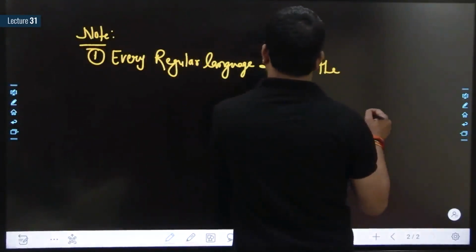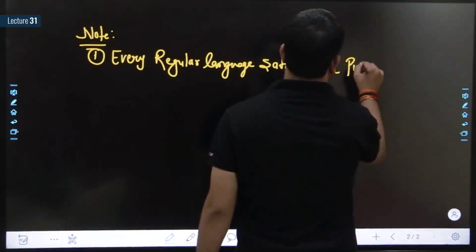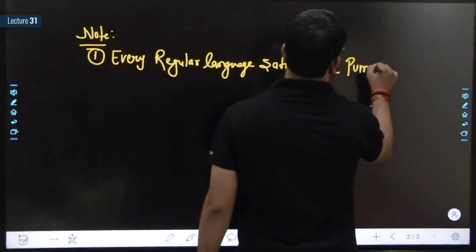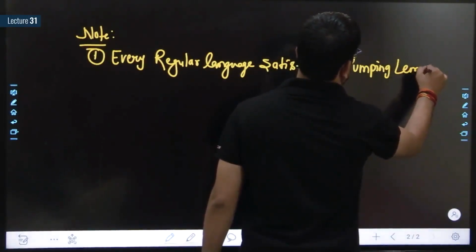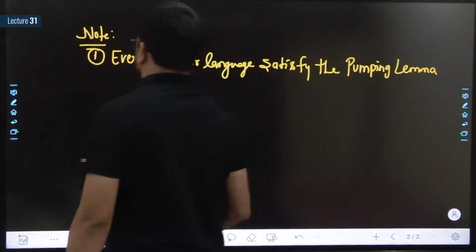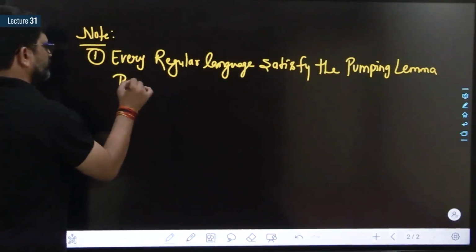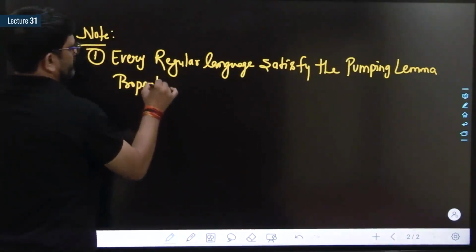Every regular language satisfies the pumping lemma properties. Clear?